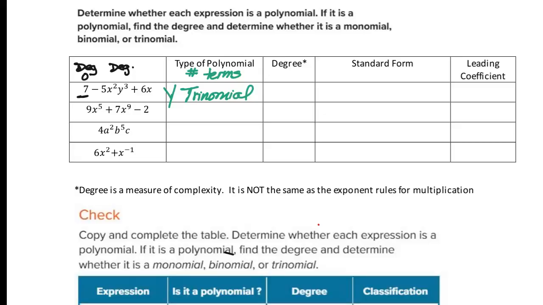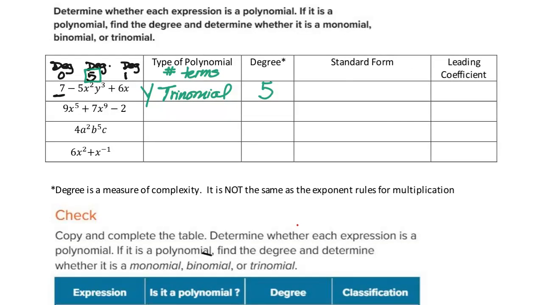What is the degree of my second term? Very good. 5. Remember, we're only looking at the variables. And what is the degree of my last term, 6x? 1. So what is the degree of this entire trinomial? Is it 5, 6, or 7? 5. It is 5. You take the largest. So this has a degree of 5.